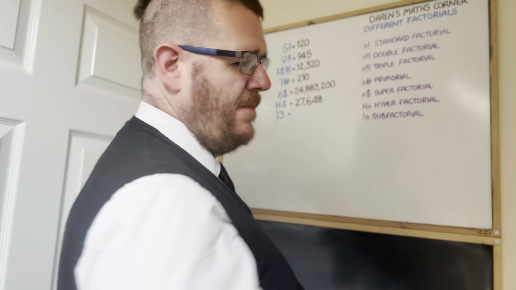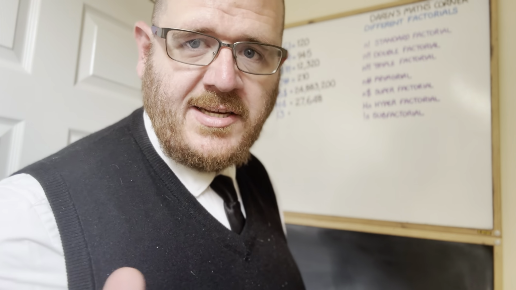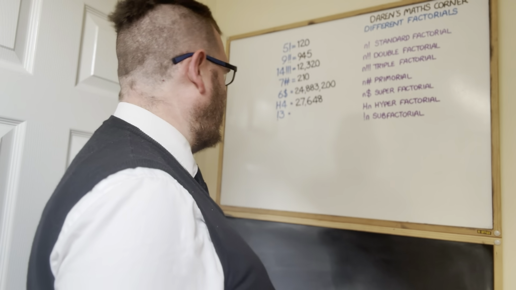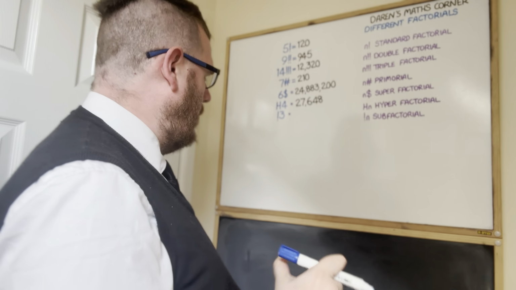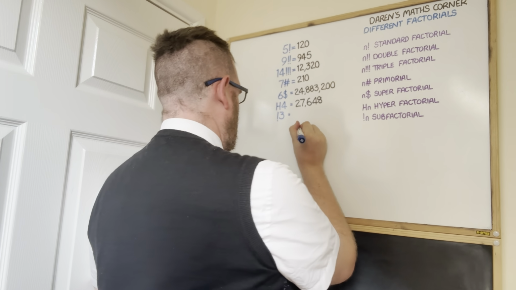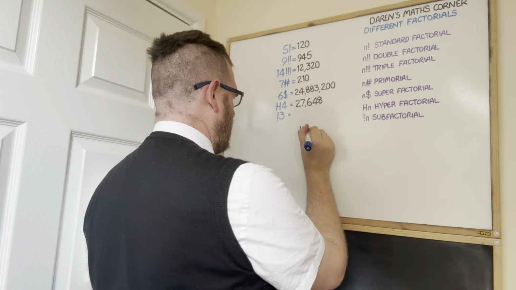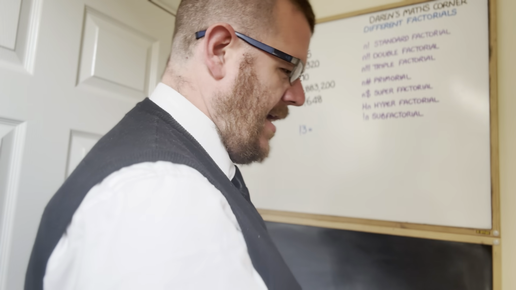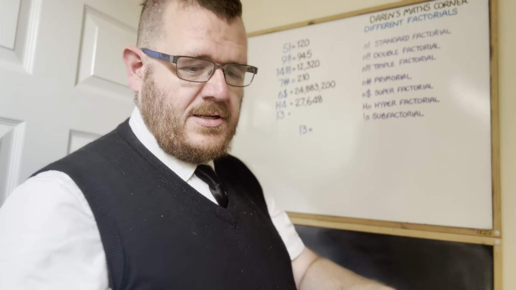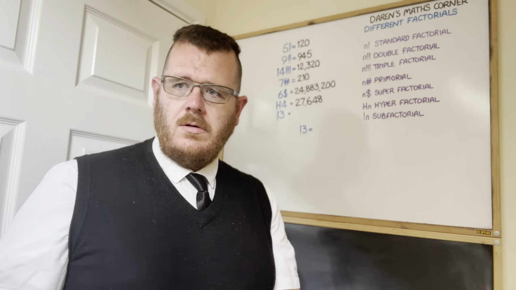Now, a subfactorial is you're taking items in a list and you're getting rid of the bits that are in the similar positions. So what we've got, because I'm going to do a 3 for this, a factorial essentially is a way of showing you how many times you can arrange a list of items.